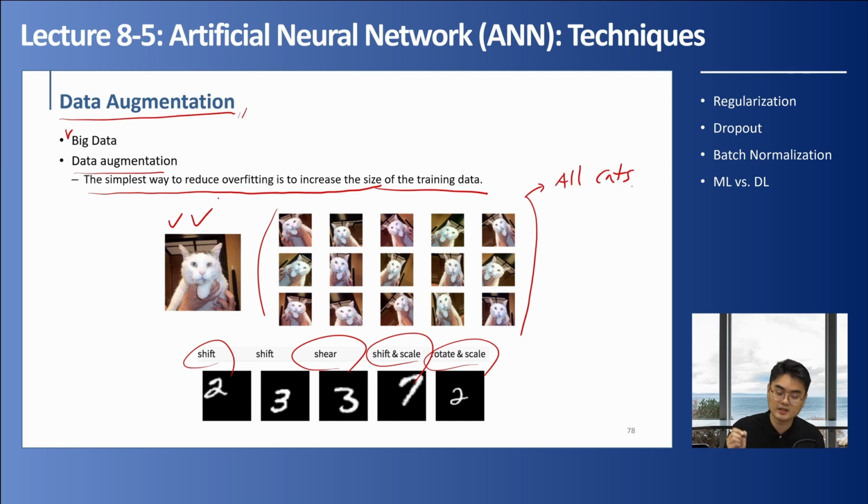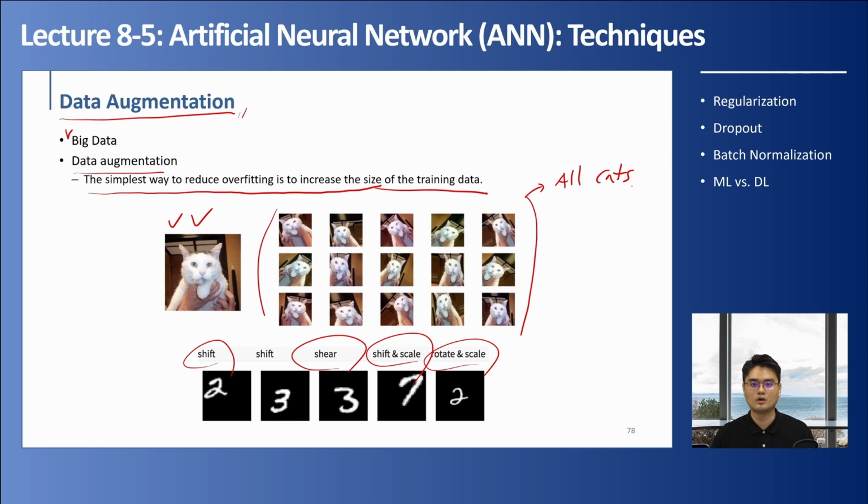So even from this single data sample, we have generated how many is this? This is 15 data samples, and therefore this will significantly increase the amount of data samples we have, and then the neural network will be able to look into more data.